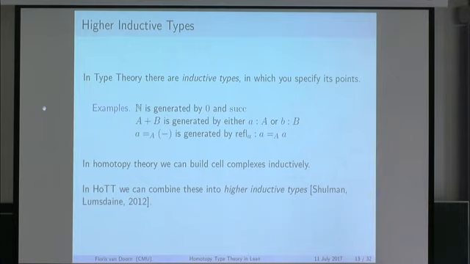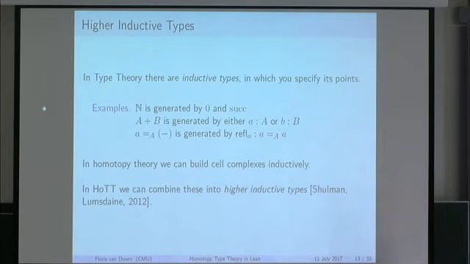For example, the natural numbers are generated by a zero element and a successor. The direct sum can also be considered an inductive type. It's not actually recursive, but all its elements are generated either by points in A or by points in B. And actually the identity type is also generated just by reflexivity in some specific way.